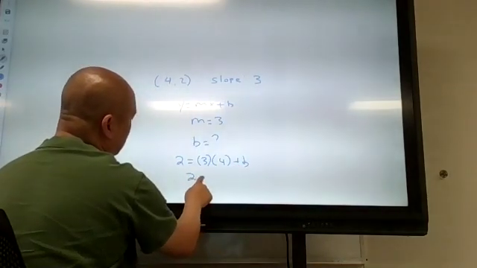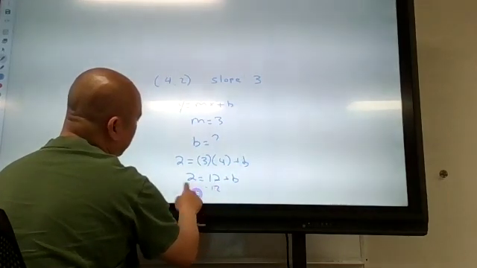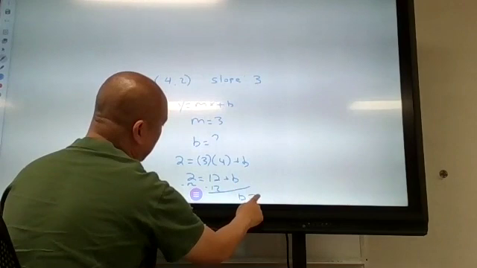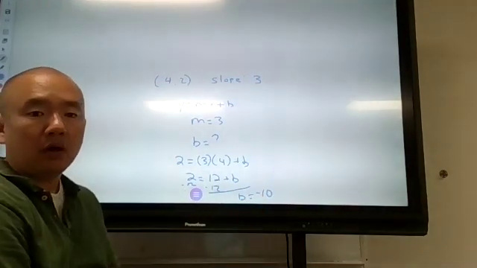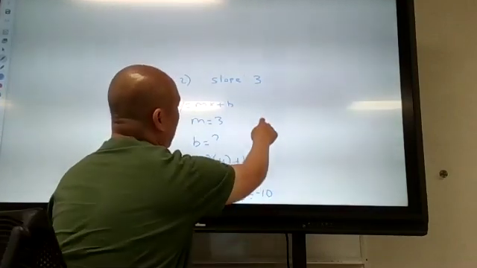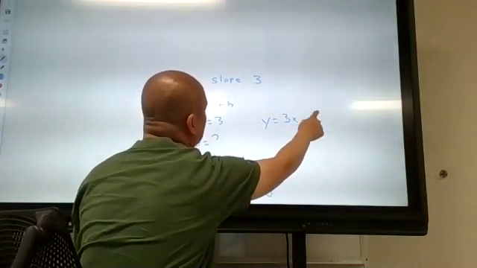So 2 is equal to 12 plus b, and you subtract the 12. So b is equal to negative 10. Now we plug this back into the equation. So it'll be y equals 3x minus 10.